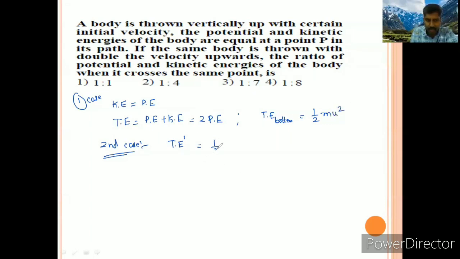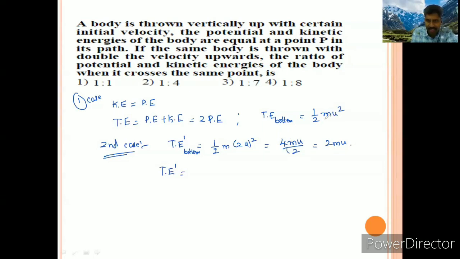So here also the total energy at the bottom is equal to half m, velocity is double, square we can write. So how much can we get? 4 mu by 2 we can get. That is nothing but 2 mu. Or 4 mu you can write, no problem. Now the total energy of the second case is equal to what we can get here?